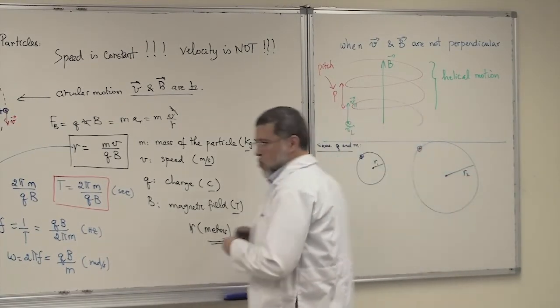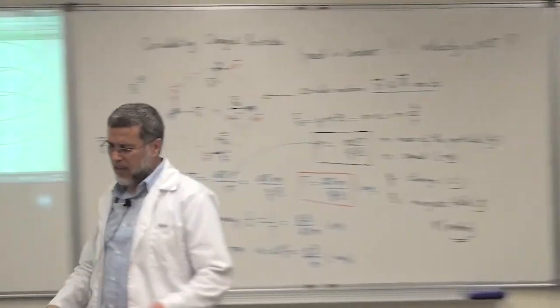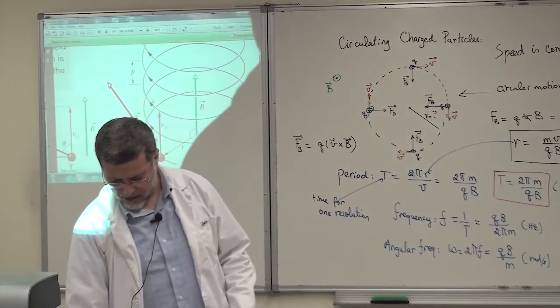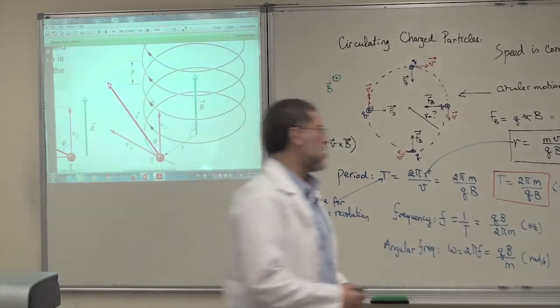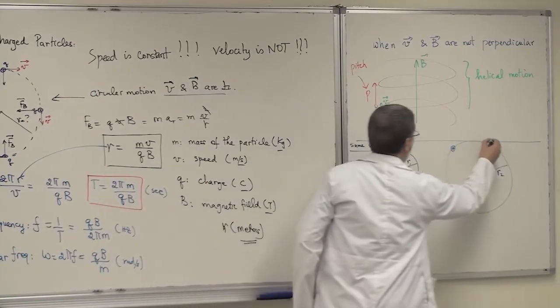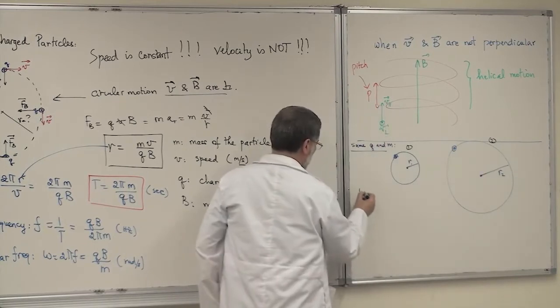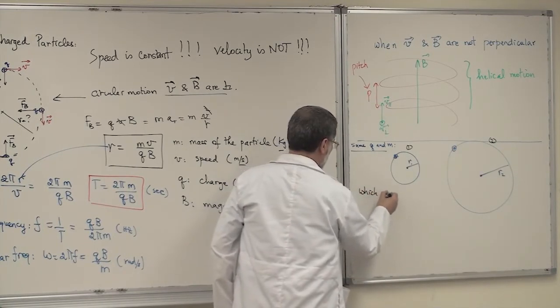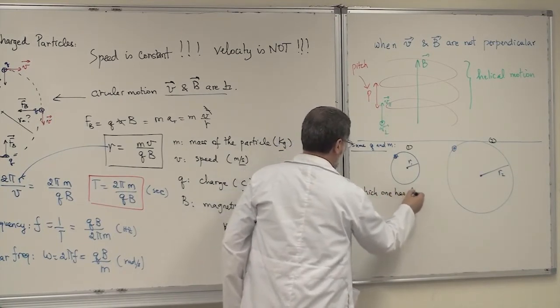The question, which one has a greater period? Which one has a longer period? Let's say we call this number 1. We call this number 2. Which one has longer period?